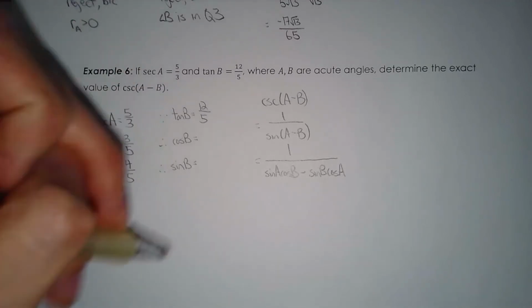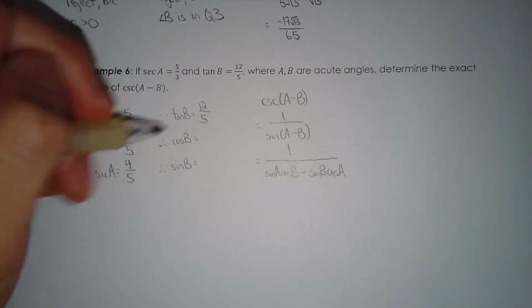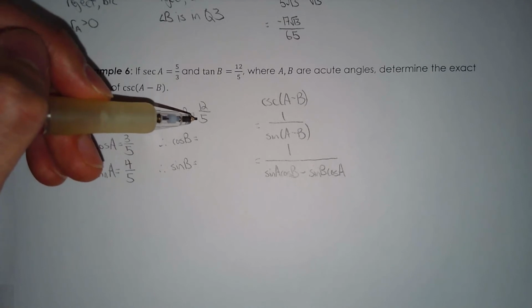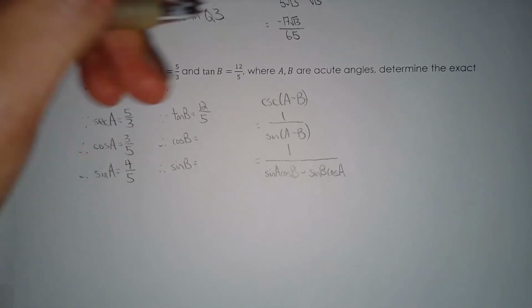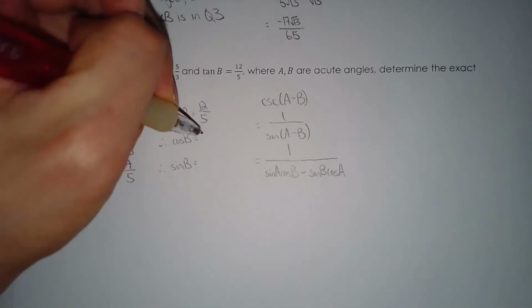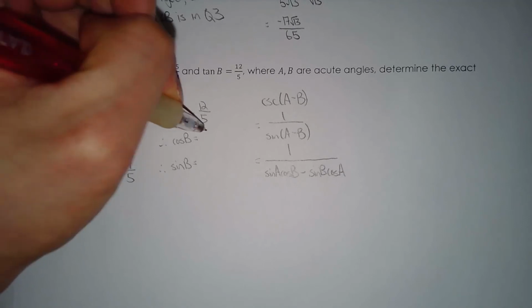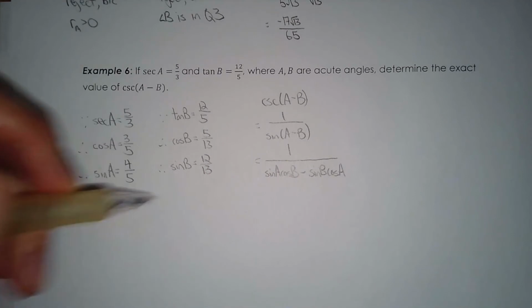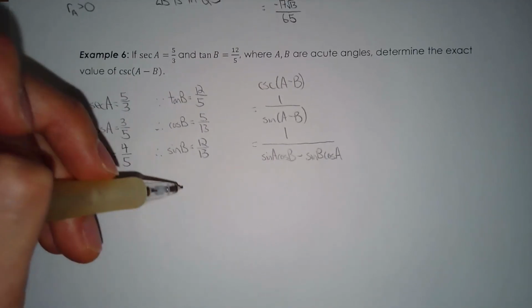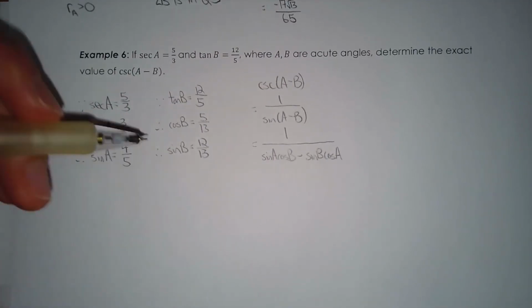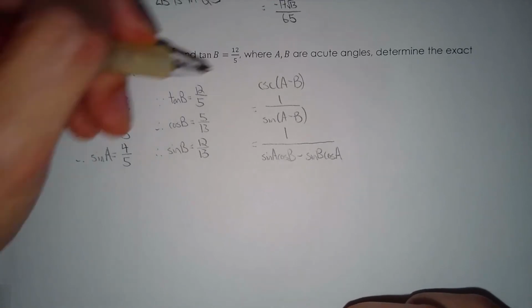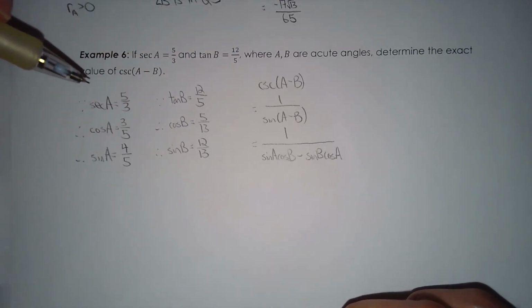You could do the Pythagorean theorem down here, but I'm going to try to save us some time. What's the Pythagorean triple? 5, 12, and 13. So cos B would be 5 over 13 and sine B would be 12 over 13. On your own time, maybe you should use the Pythagorean theorem and check that 13 is the hypotenuse, or the radius of the circle for angle B.